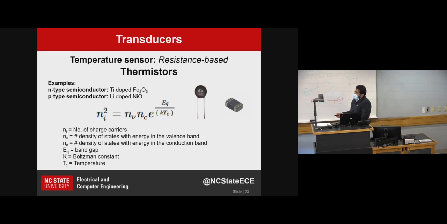There are different types of materials, N-type semiconductors and P-type semiconductors, and this is the equation of how the number of carrier charges in these semiconductors changes as the temperature changes. You can see there's an exponential relation between the charge carriers and the temperature.